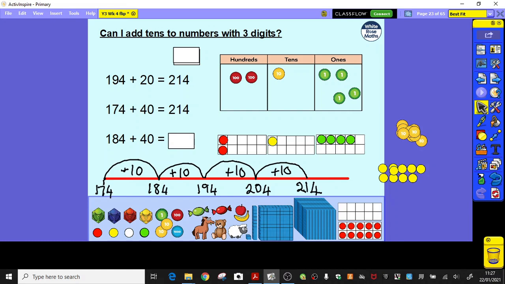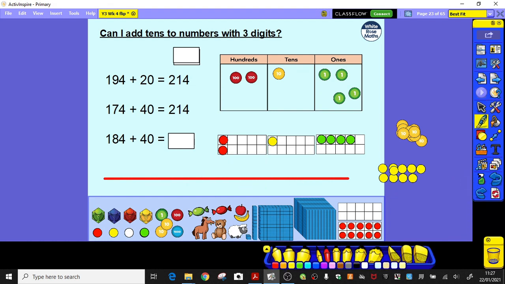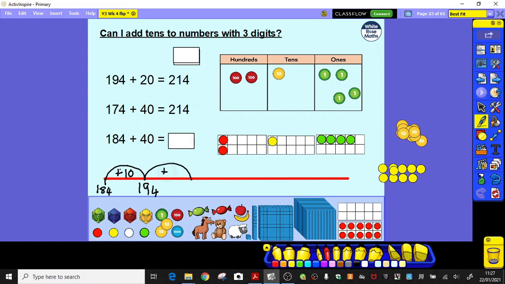And then finally 184 plus 40. Now let's get rid of the drawing again. We'll start again. So we'll start with 184, and if we add 10 to that, 184 becomes 194. Then we can add another 10 to that, which gives us 204.